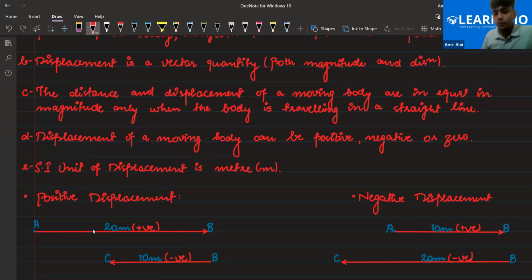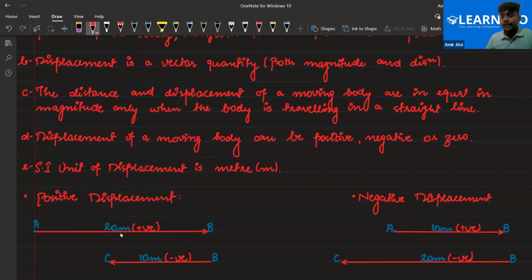But right now, instead of going back home, you have stopped at C. So could you please tell me, what is the displacement if you have stopped at point C? 10 meter, by Chakrika. What about you, Javeriya?